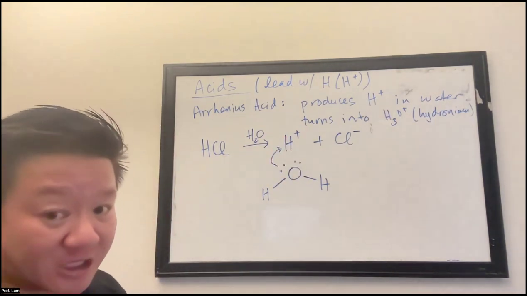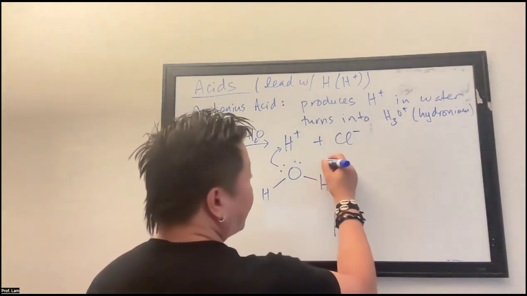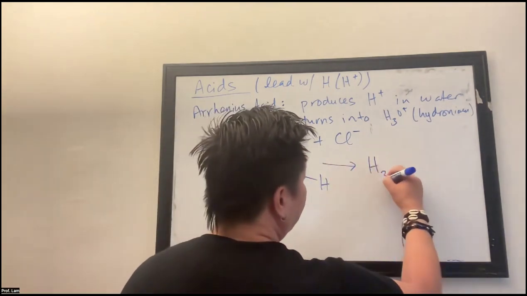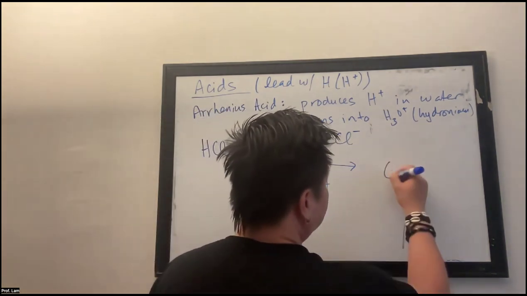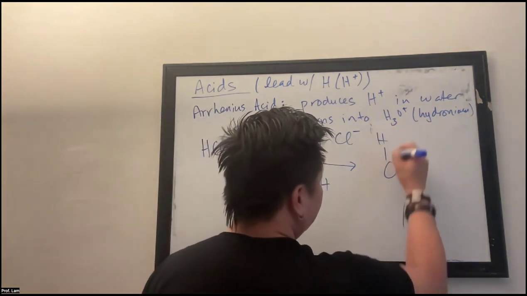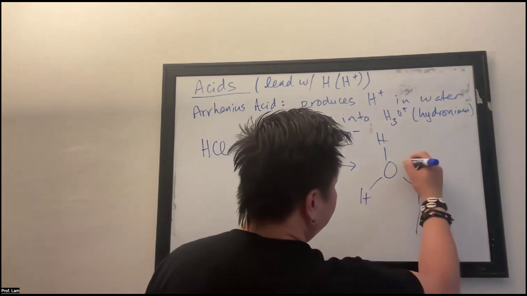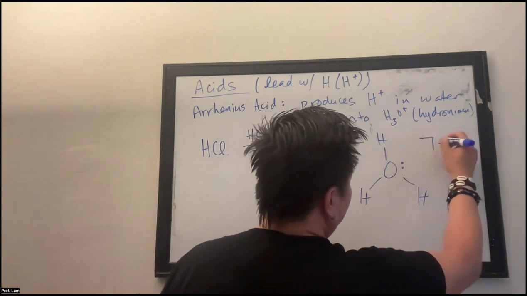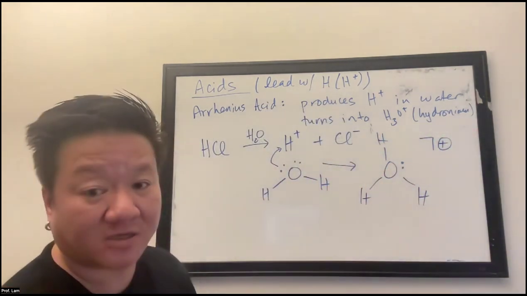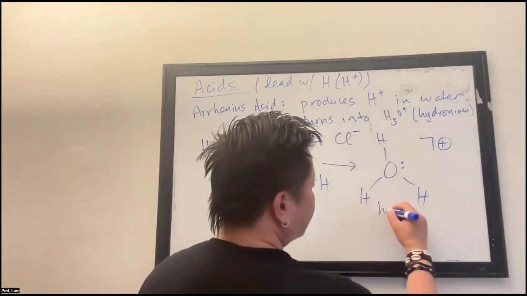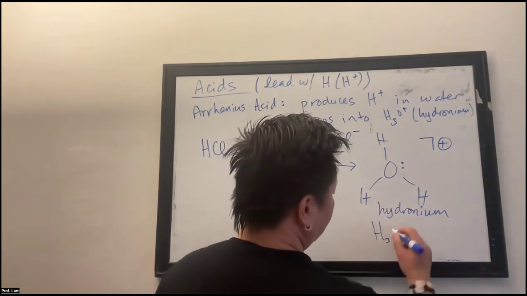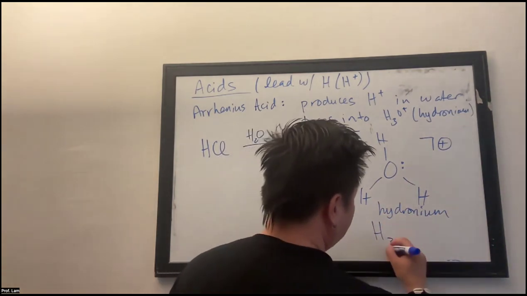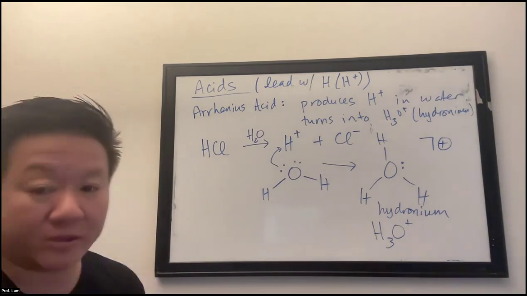So water basically just soaks up the proton and it becomes H3O plus, right? So it basically is this now. The whole thing is positively charged, right? And this is what we call hydronium, H3O plus.